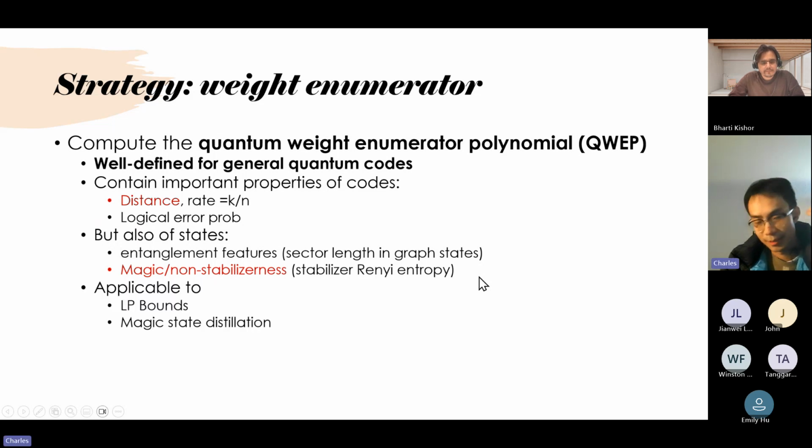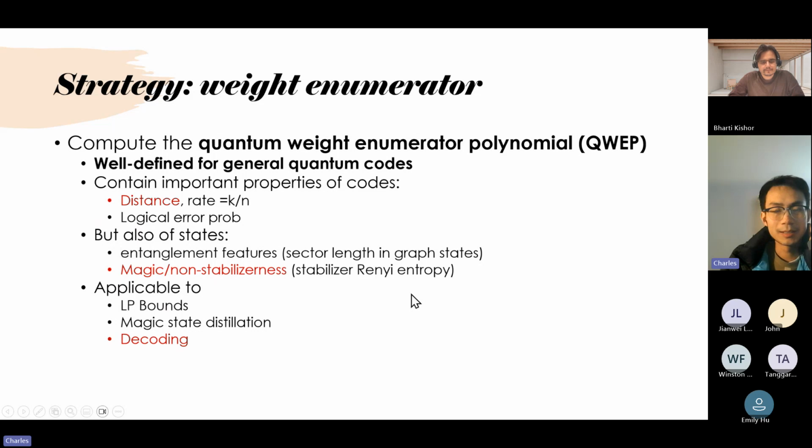And as we probably know, these enumerator polynomials in the past have been used to generate linear programming bounds to bound the code parameters of error-correcting codes, and also to understand the performance of magic state distillation protocols. And today we're also going to see how they can be applied to decoding problems.